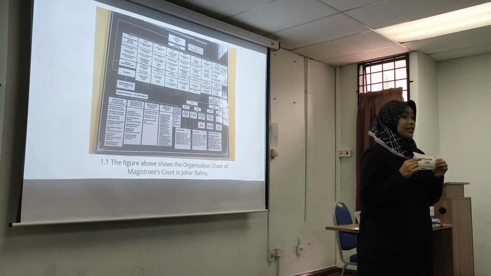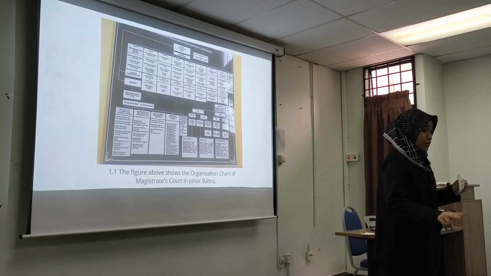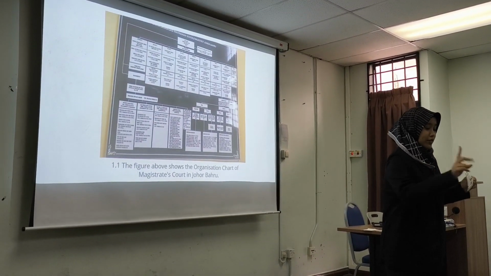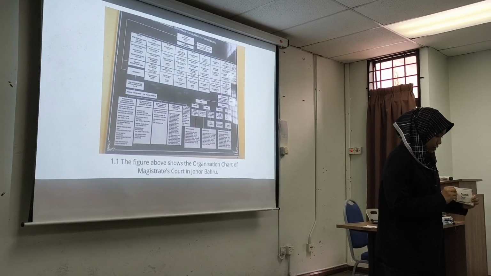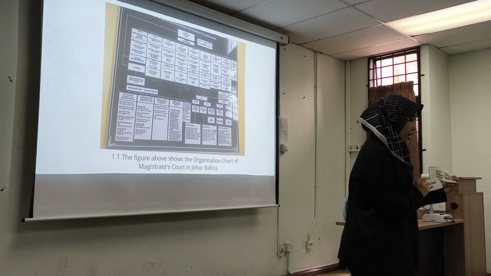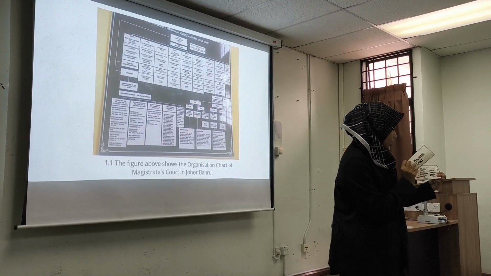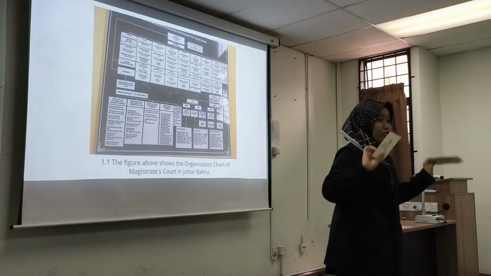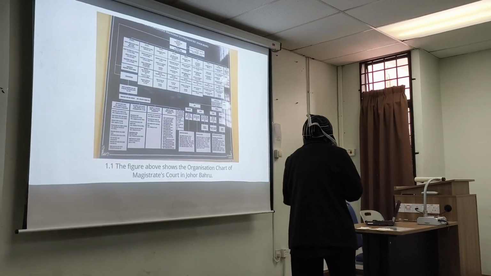Below the Session Court is the Magistrate Court, and same as the Session Court, the Magistrate Court also has two kinds of court. First is civil, and the second is criminal. The criminal Magistrate Court handles cases such as traffic cases, drugs, alcohol, stealing, assault, cheating, immigration, and license matters, and a lot of things. But this is just a brief.